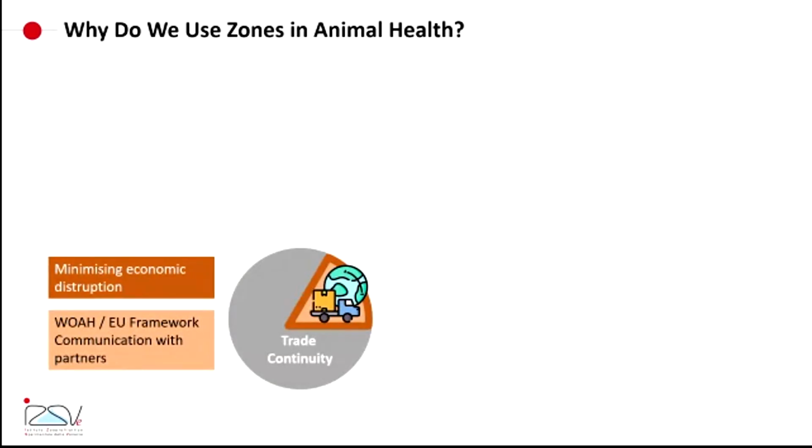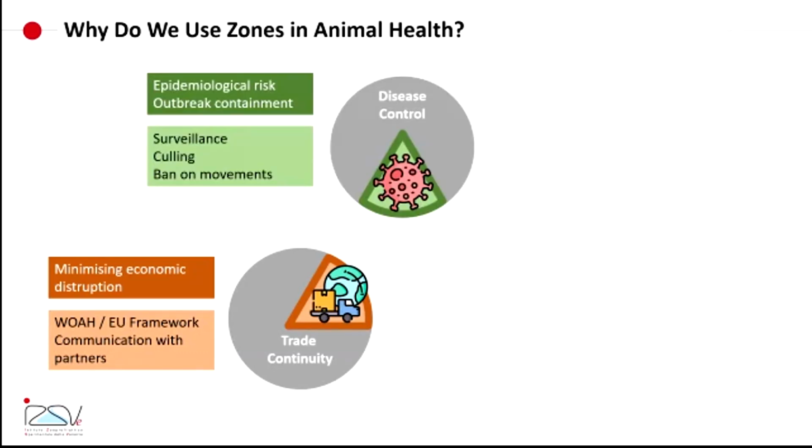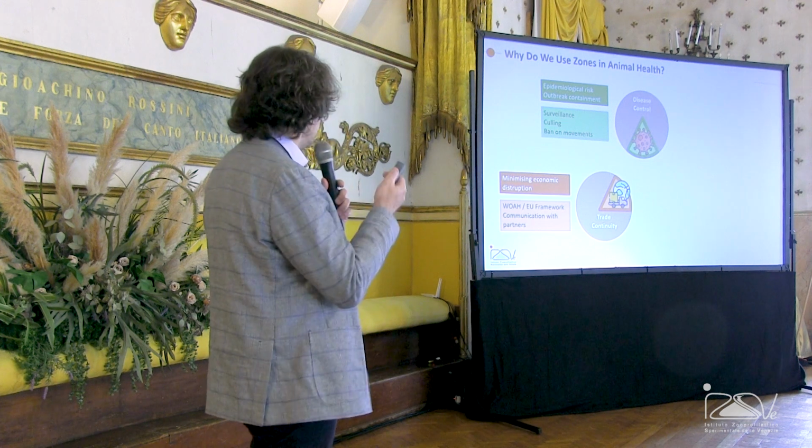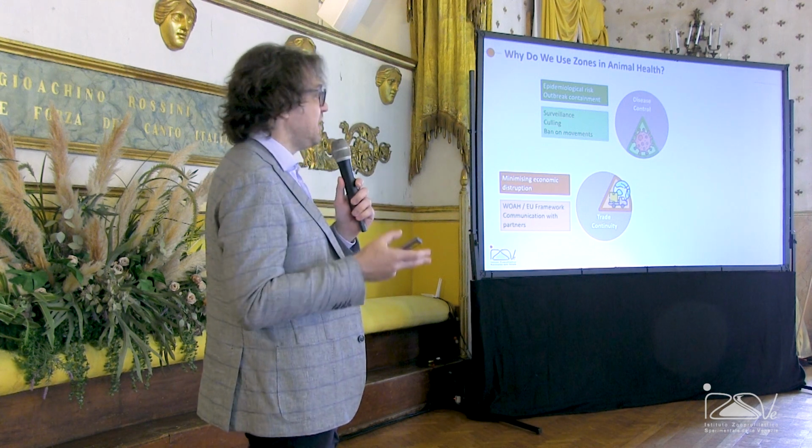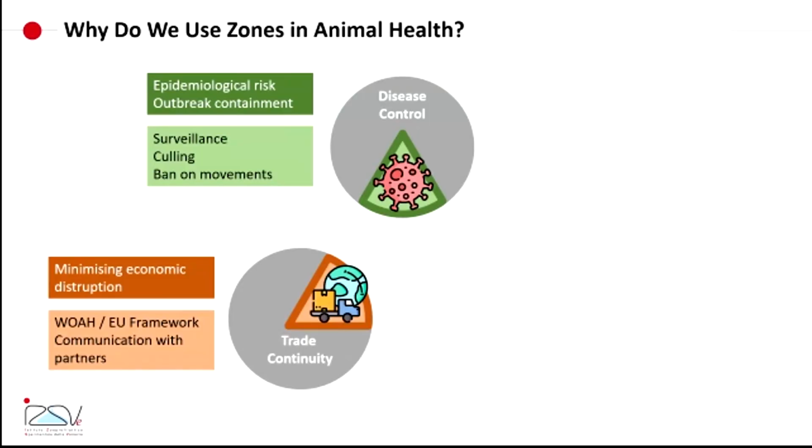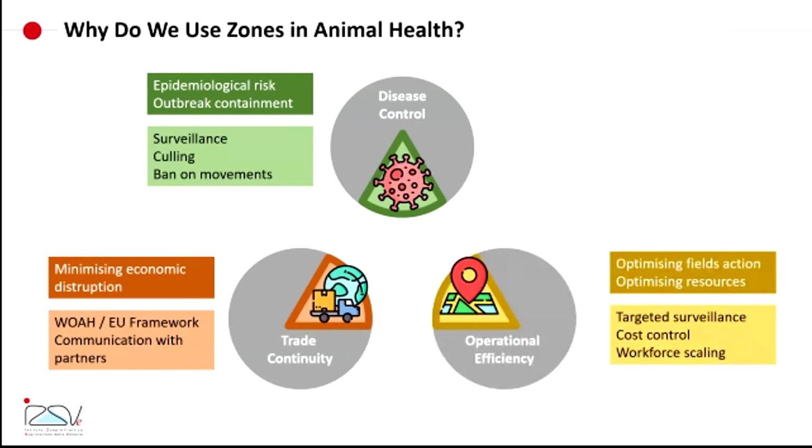So actually, trade continuity is one of the scopes for which you have to apply zoning, but it's not the only one. There are some more related to outbreak control, like disease control, having some idea of the epidemiological risk, having some idea of where the disease is, so you can contain the outbreak, and you have a few measures there.